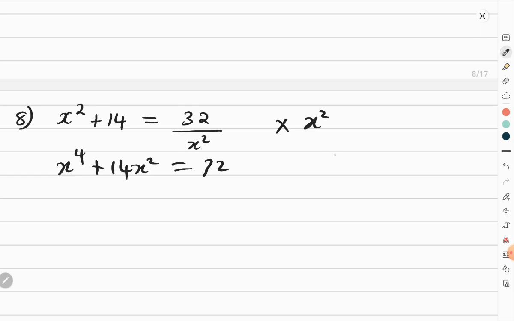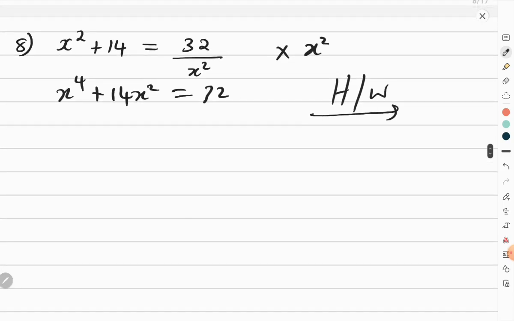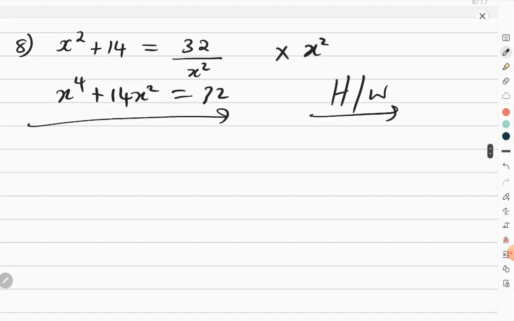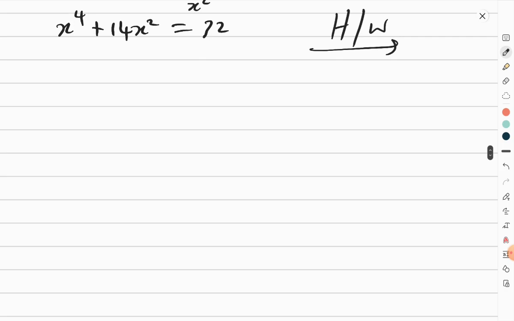But this one should be your homework, something you can do at your spare time. Just apply the very same way and come up with the solutions, or you can comment down below what you got in terms of finding the values of x. So I'm just leaving it for you to do at your leisure.